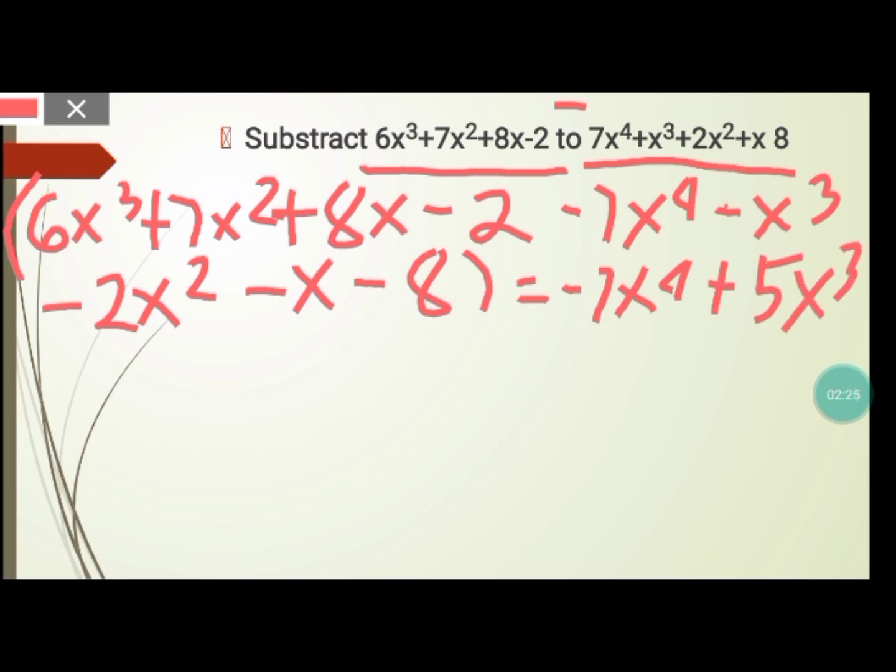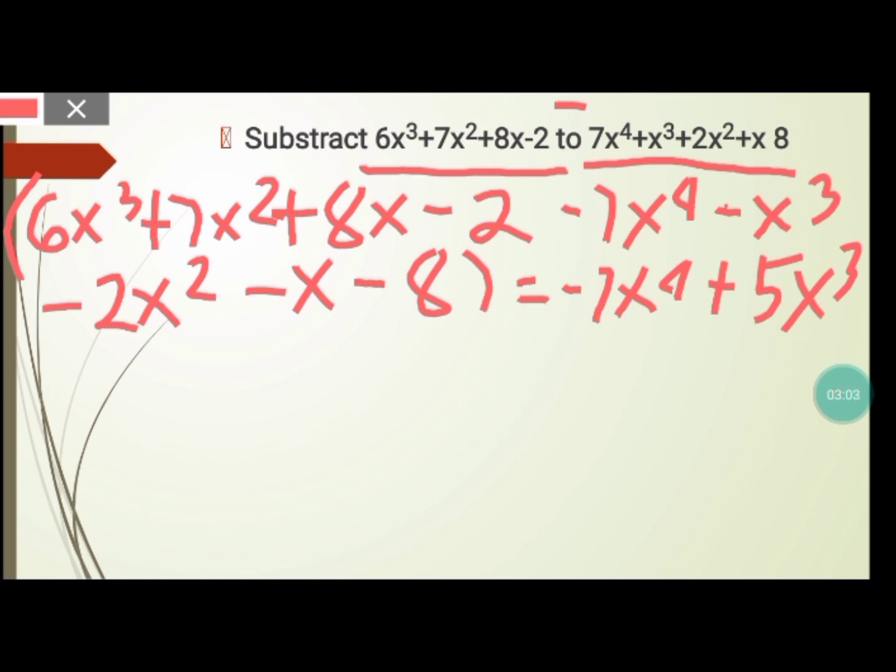So we have positive 5x cubed. In subtracting polynomials, if the terms have different signs, we subtract the 6x cubed and x cubed and follow the sign of the bigger value.